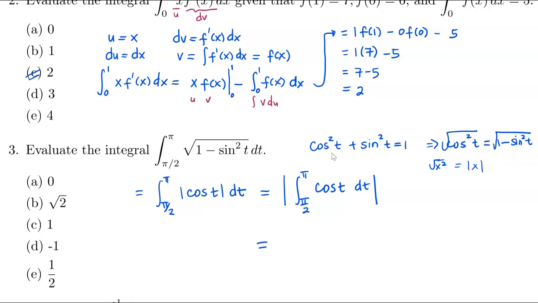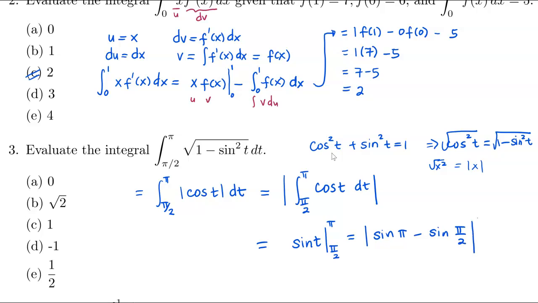So you can do sine t and evaluate that from pi over 2 to pi, and then you just take the absolute value of the answer in the end. So this is equal to the absolute value of sine of pi minus sine of pi over 2.